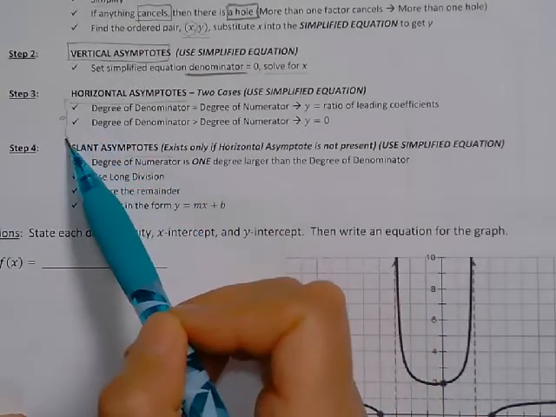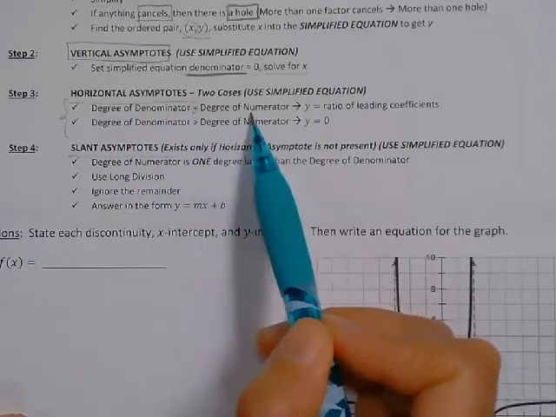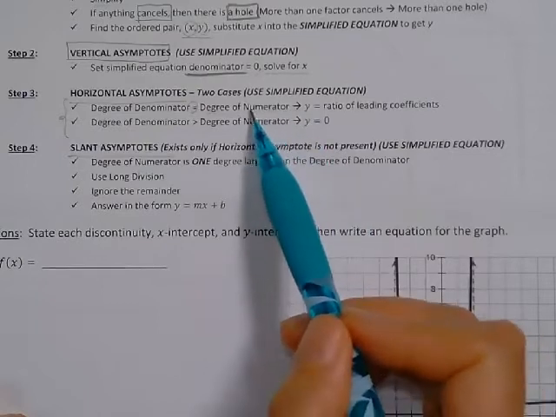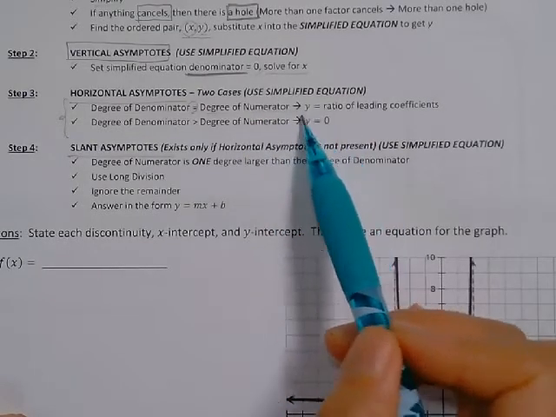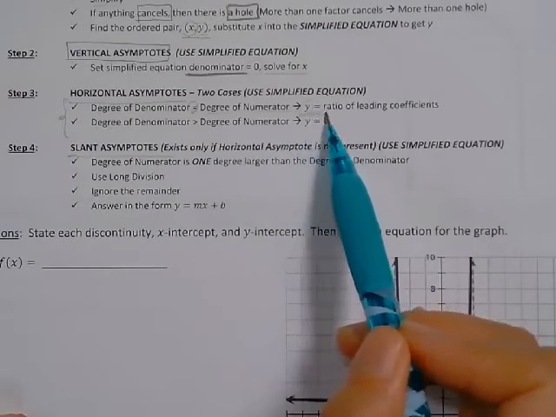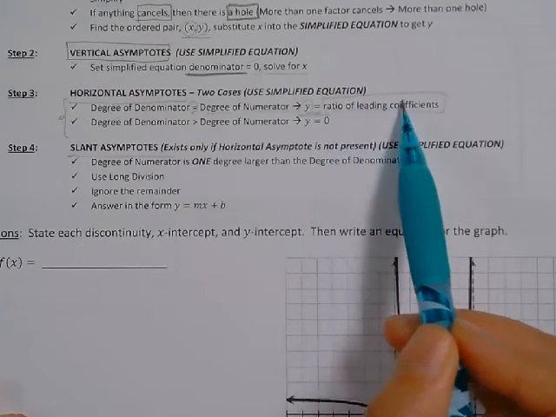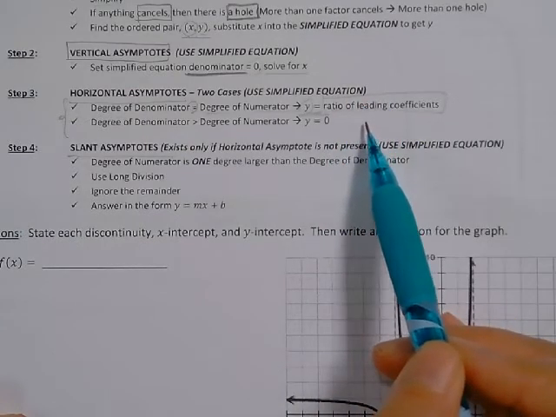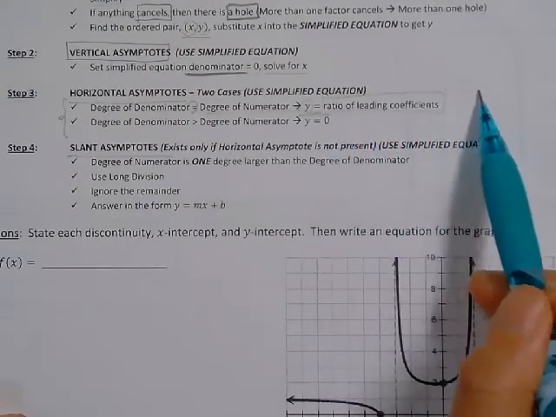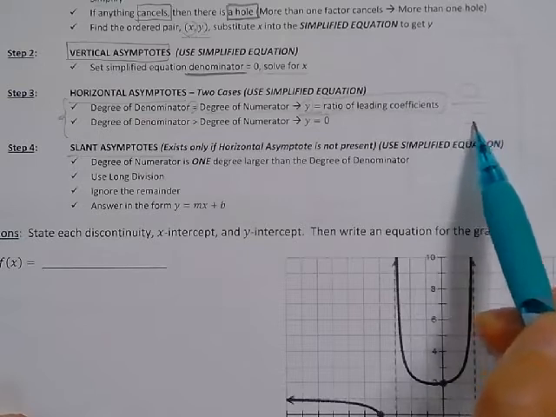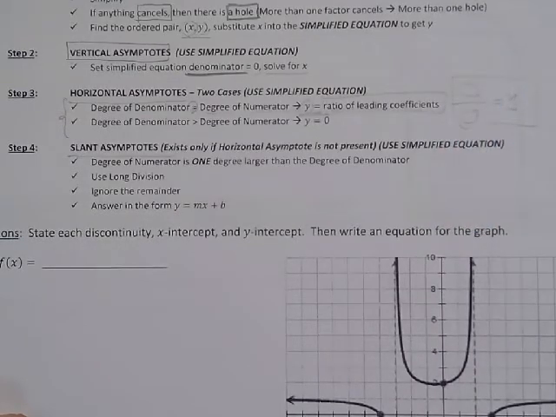If the degree of the denominator is exactly the same as the degree of the numerator, then you will have a horizontal asymptote. The position will be y equals the ratio of the leading coefficient from the numerator over the leading coefficient from the denominator.